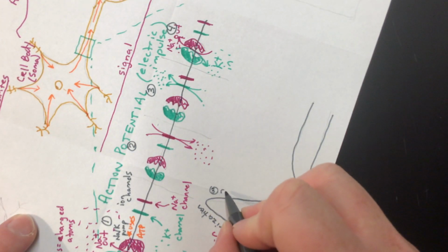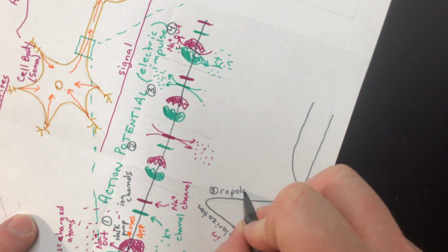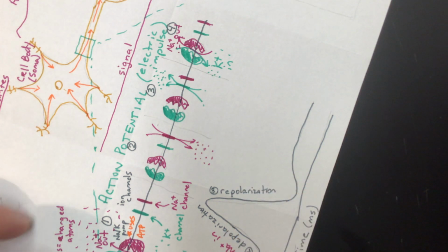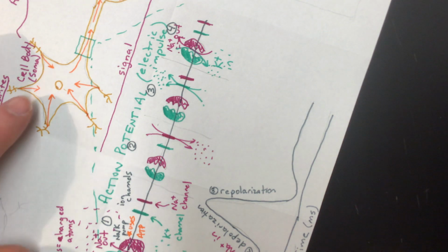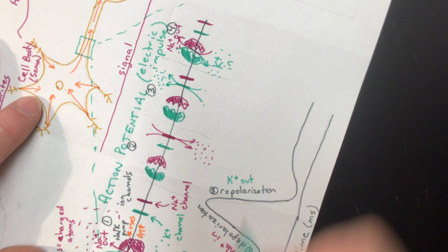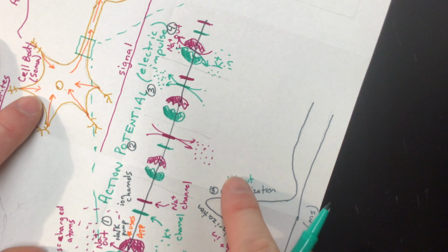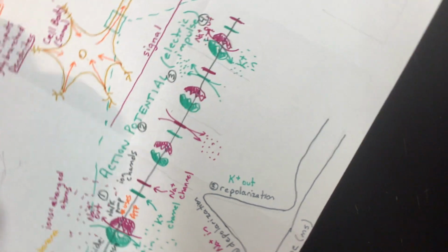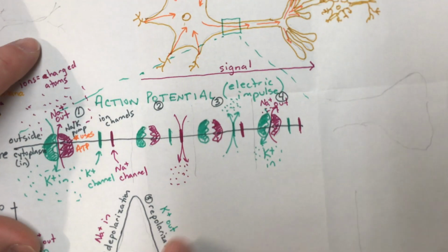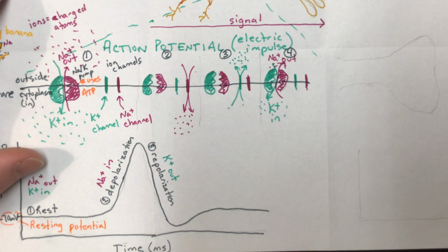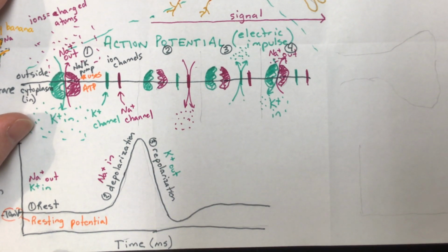Stage 3 of an action potential is called repolarization. In repolarization, what's happening is that the potassium is now moving out. Potassium is also a positively charged ion. So when all of those positive charges are flooding out of the cell, that's what causes the voltage of the cell to go down.